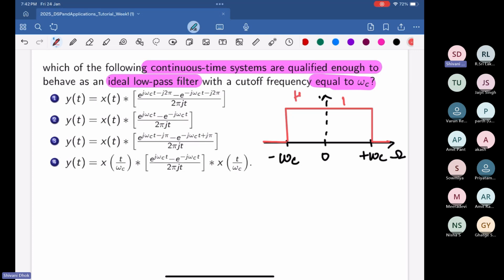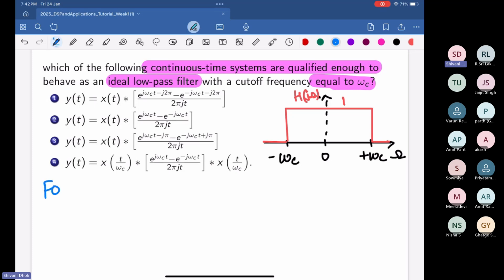So this is basically my H of j omega that I want. This is the ideal low pass filter frequency domain representation. It is passing all the frequencies between minus omega c and omega c, and no frequencies after omega c and before minus omega c.